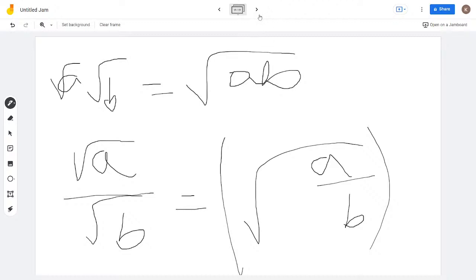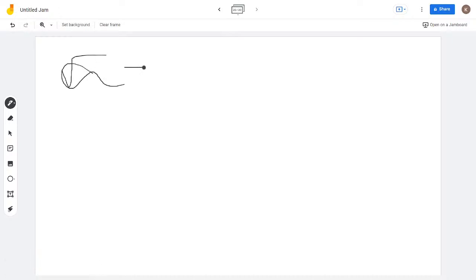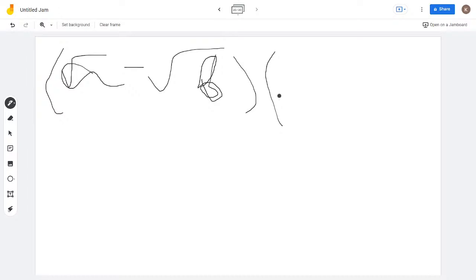the next identities are root a plus root b, which we used so many times in today's session, and root a minus root b into root a plus root b.